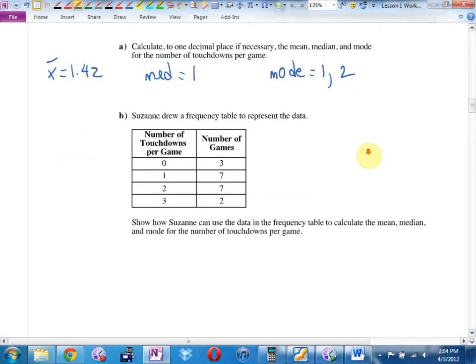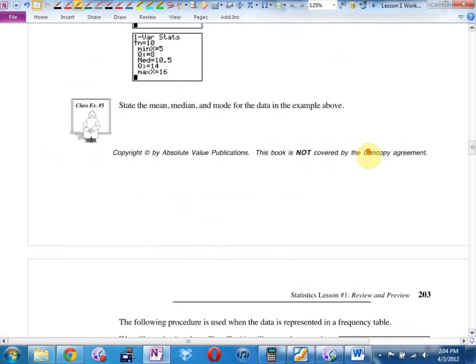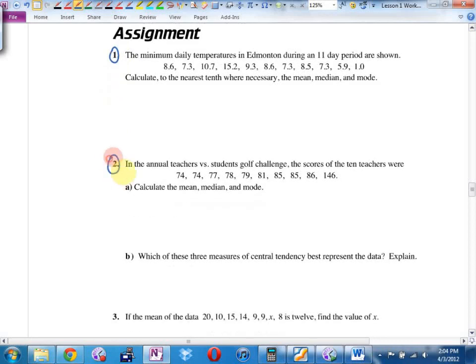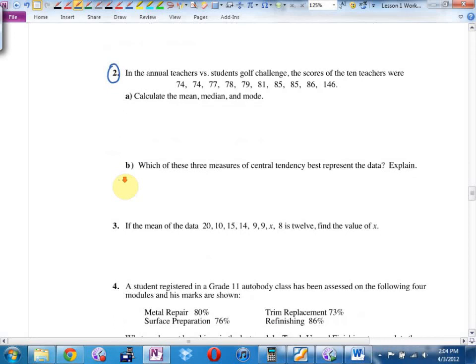What's your homework? Study for the test. But what's your homework when I see you a week from today? Page 204, number 1. Number 2. Number 3.